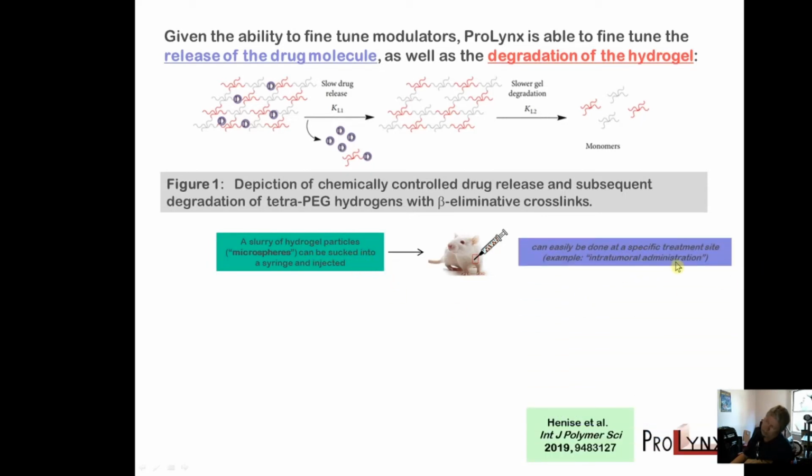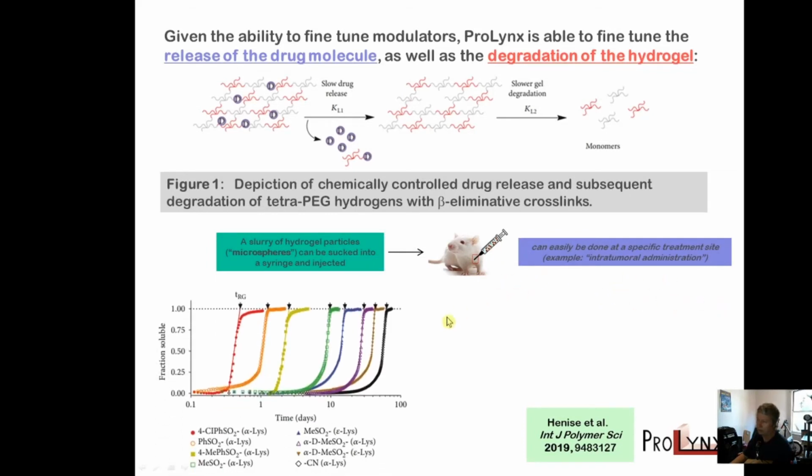So it's easily done at a specific treatment site. We might do intratumoral administration, so we inject into a tumor site, for example. That's the idea of how you do this. This is a pretty cool graph from this paper that shows different variations of the modulator.